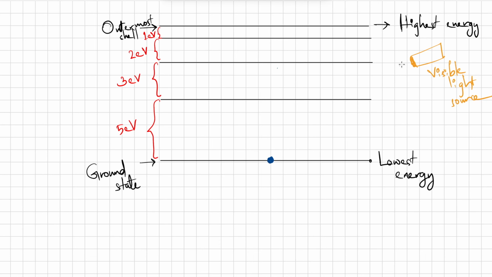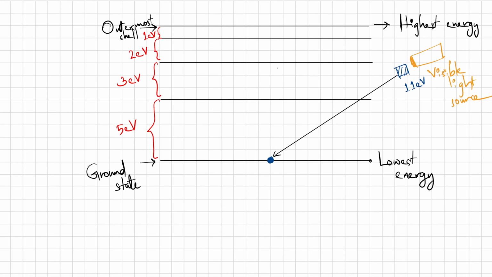Now let's go back. This time I'm adjusting the frequency and I'm emitting blue light. So this is a photon with energy 11 electron volt. So what will happen? It will interact with the electron and transfer the energy to the electron. The electron absorbs that energy. It will jump to the energy level with energy 11 electron volt. Let's see if there is such an energy level.